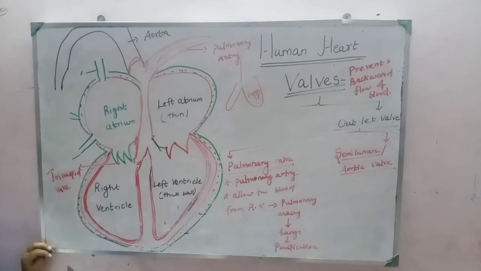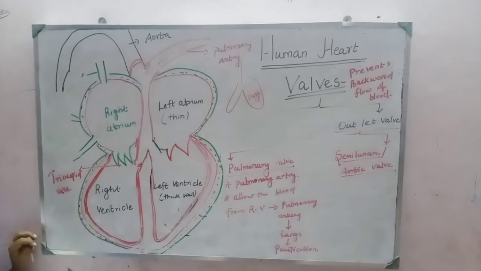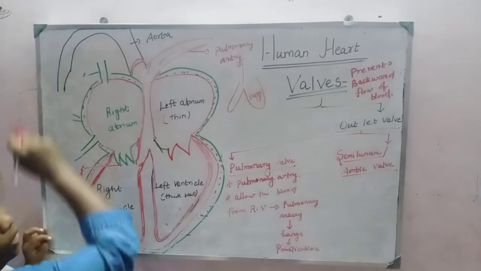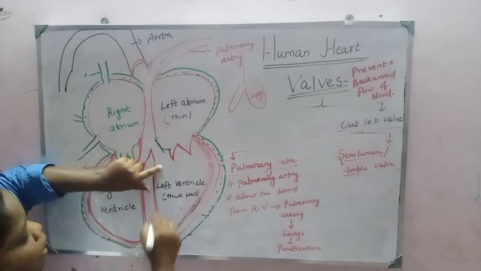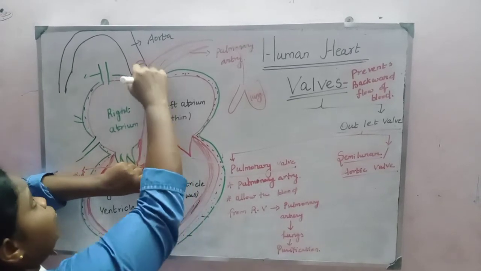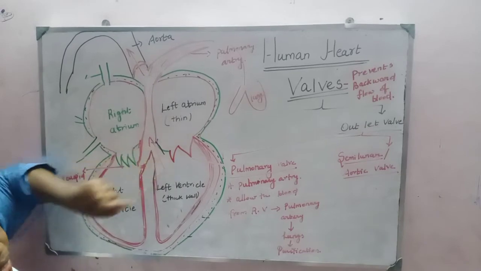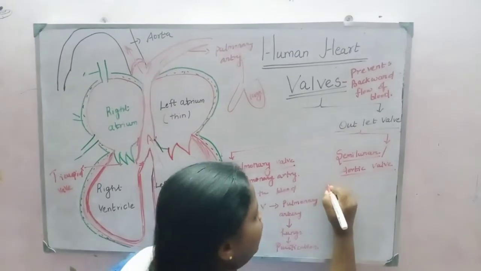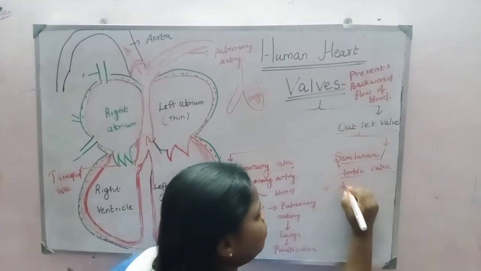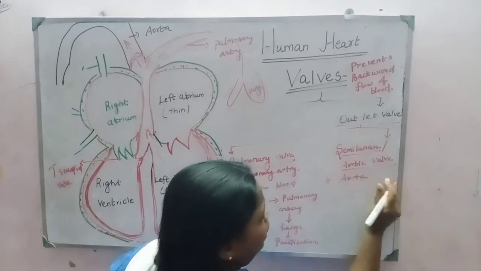It allows the blood from the left ventricle to the aorta. So where is the semilunar valve present? In the aorta.